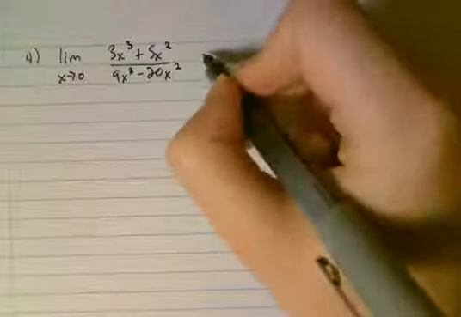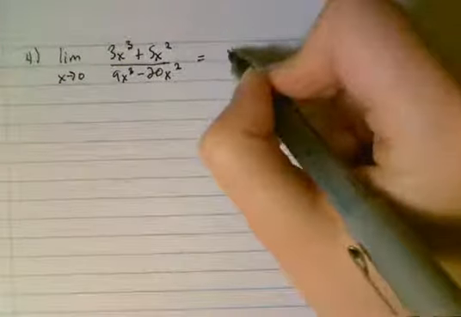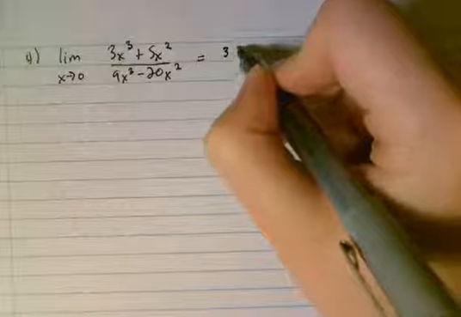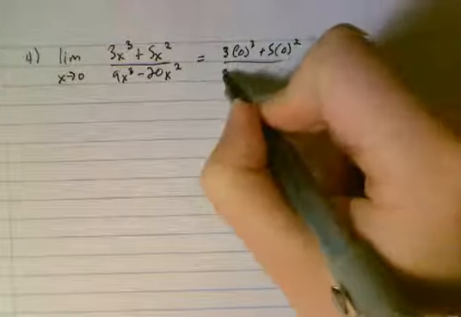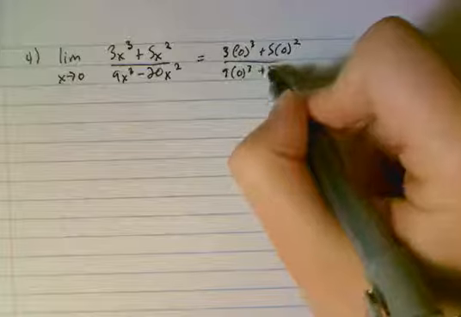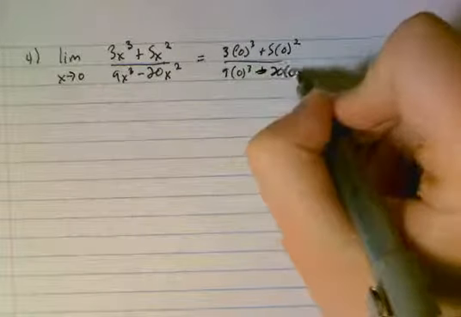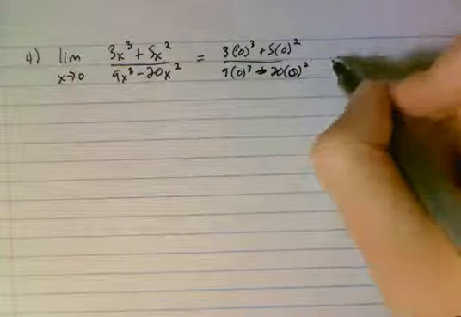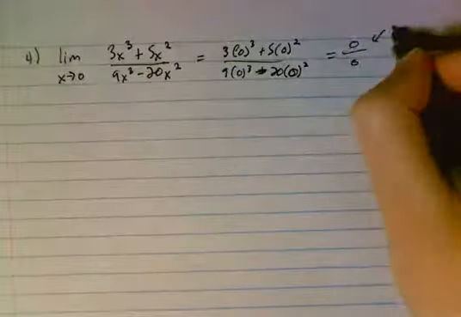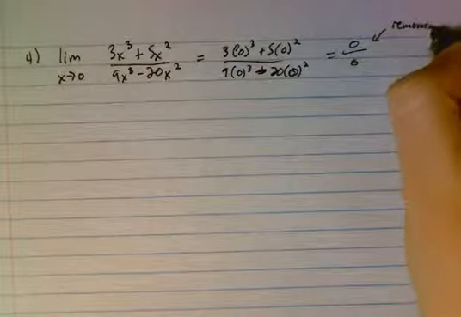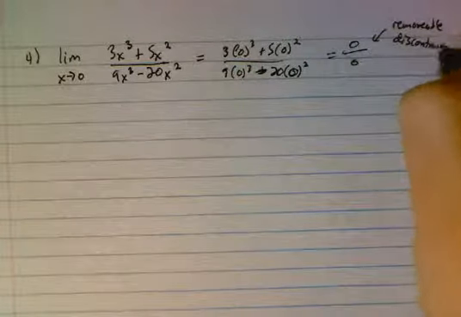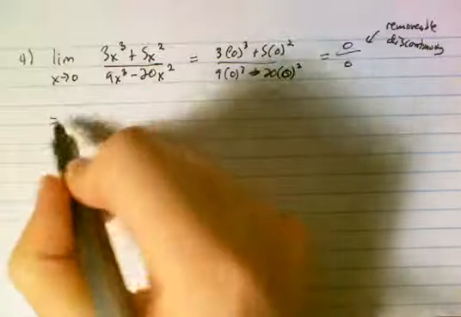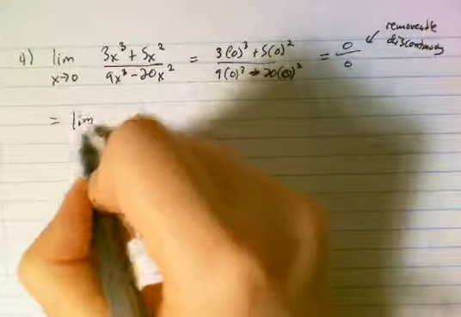First, though, we should check and make sure that we need to. So if we put in 0, we have 3 times 0 cubed plus 5 times 0 squared over 9 times 0 cubed minus 20 times 0 squared. That emphatically equals 0 over 0. So we should see if we can factor and cancel.